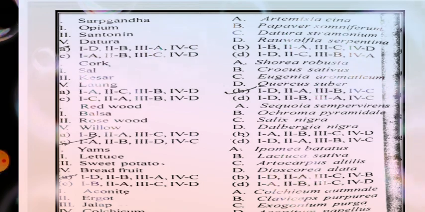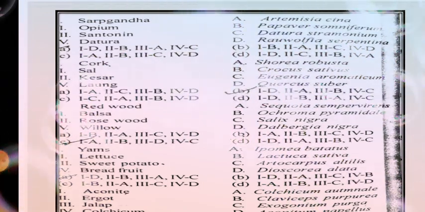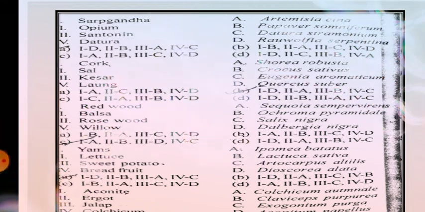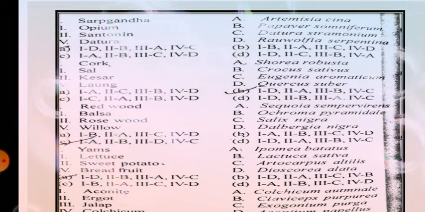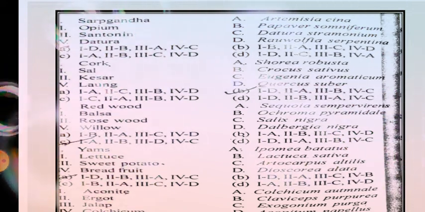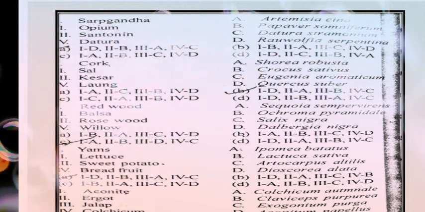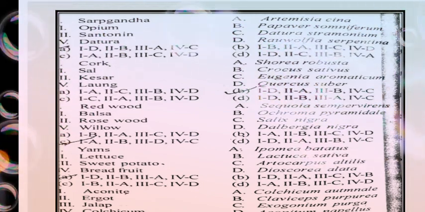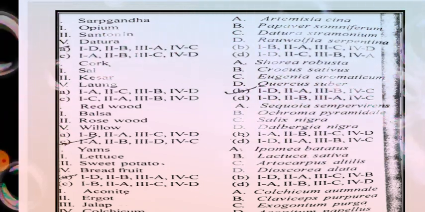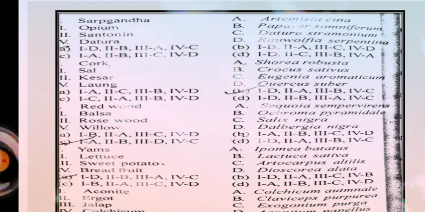You can create the solution through the option elimination method. So let's see what this is. I don't know all the scientific names of the four given options, Sarpagandha, opium, santonin and dhatura, but I know very well about dhatura. Its scientific name is Datura stramonium.